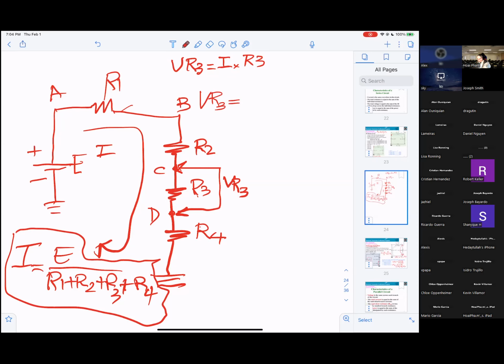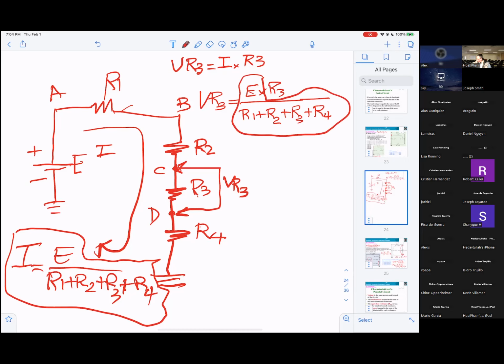It's E times R3 divided by R1 plus R2 plus R3 plus R4. If you want VR3, you take I times R3, where I is E divided by R1, R2, R3, R4.